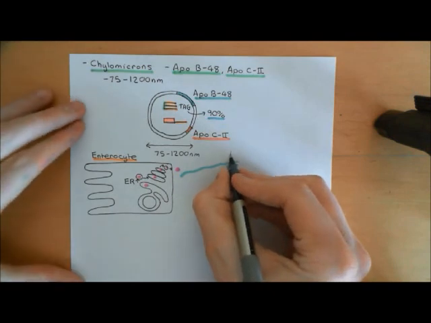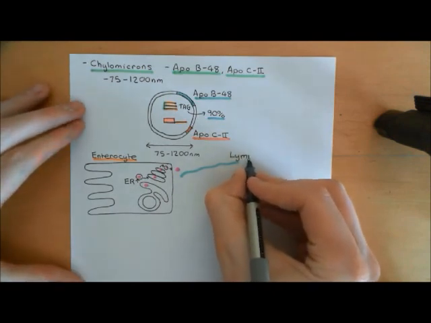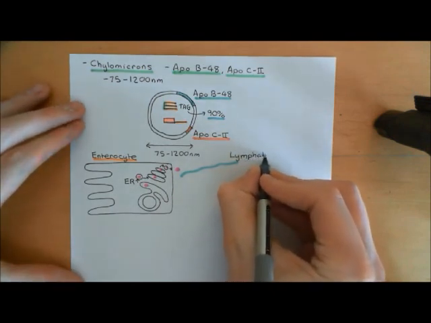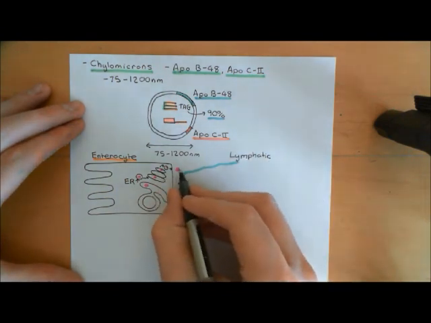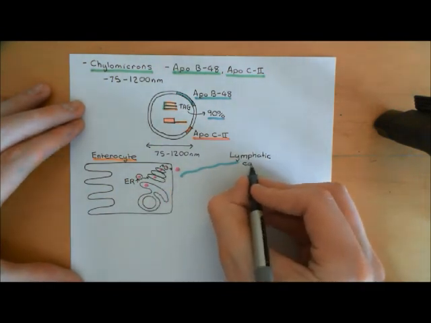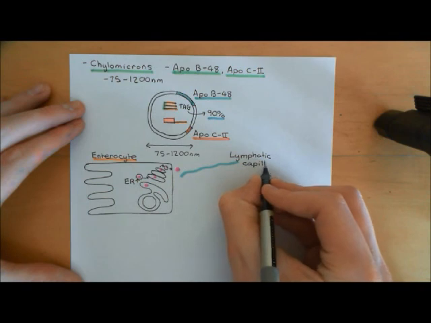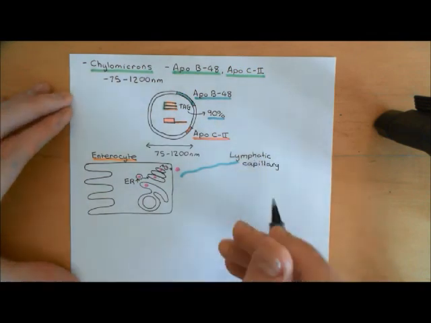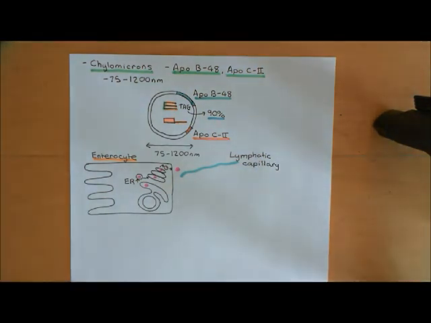So this little line here can represent a lymphatic capillary. Intestinal cells, enterocytes, have a very good drainage by lymphatic capillaries. There are a lot of lymphatic capillaries draining enterocytes of the small intestine.